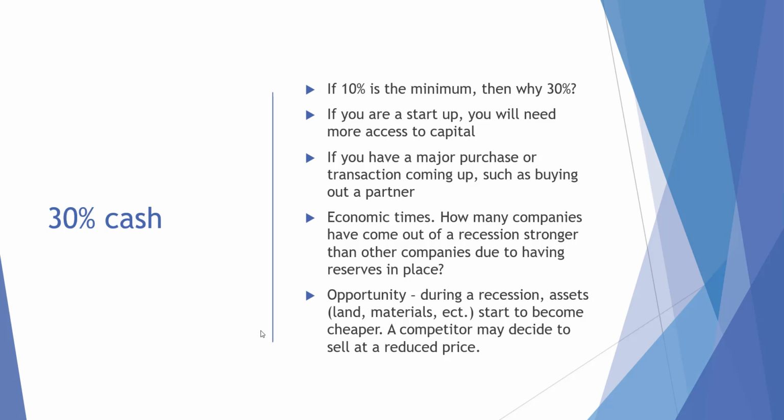If you have this, 10% versus 30%, you're able to make a major purchase, a transaction coming up, such as even buying out a partner. I mean, you think about that. If you are an established business, you're a partnership, and let's say your partner just wants to call it, wants to retire, doesn't want to do anything, you have the funds to purchase that partner out.